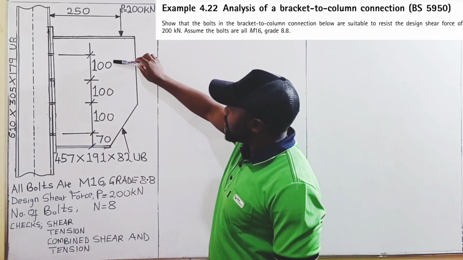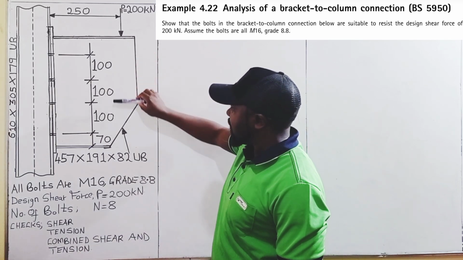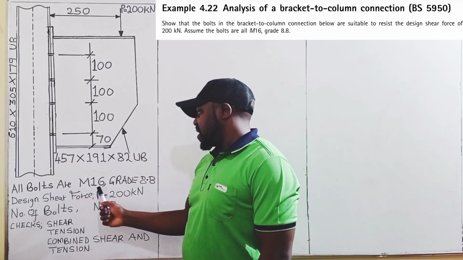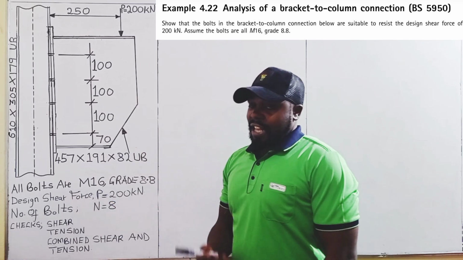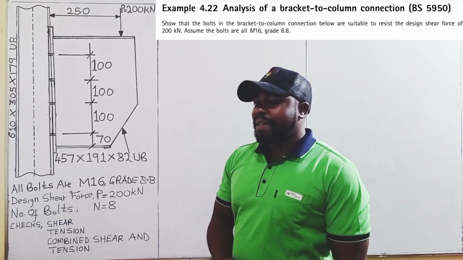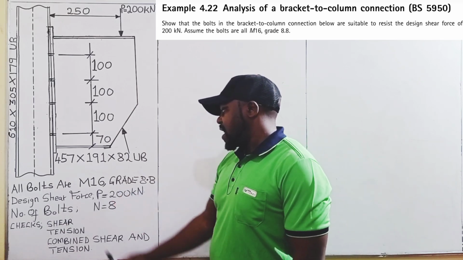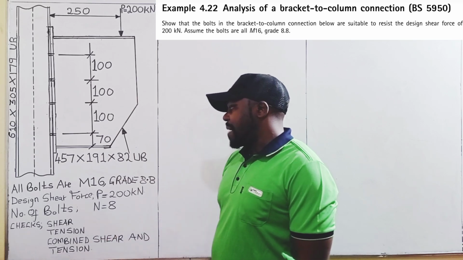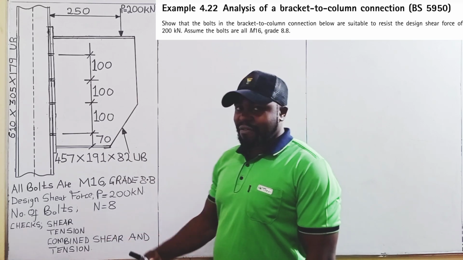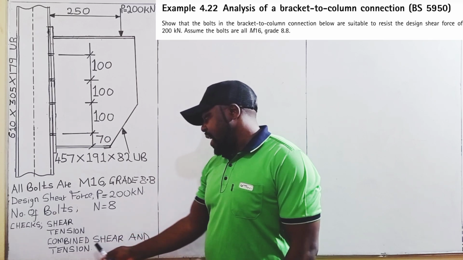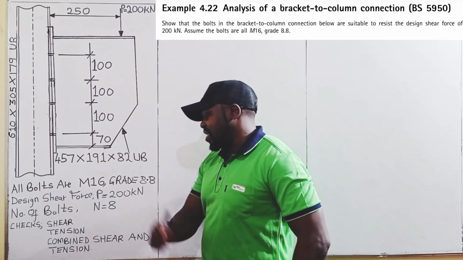The distance from each bolt to the next, center to center, is denoted. All bolts are M16, meaning their diameters are 16 millimeters each, and they are of grade 8.8. All the bolts are 8 in number, and we are supposed to carry out the following checks: shear, tension, and combined shear and tension.